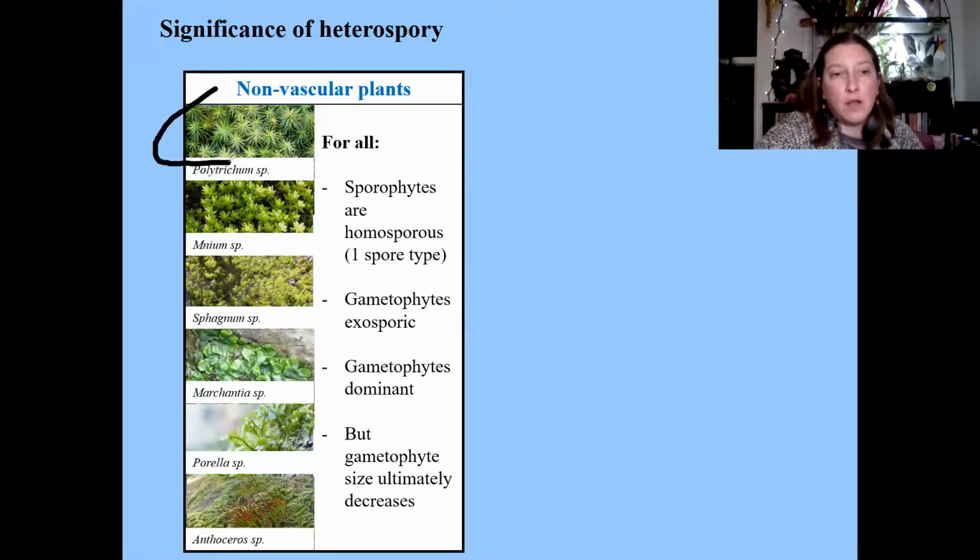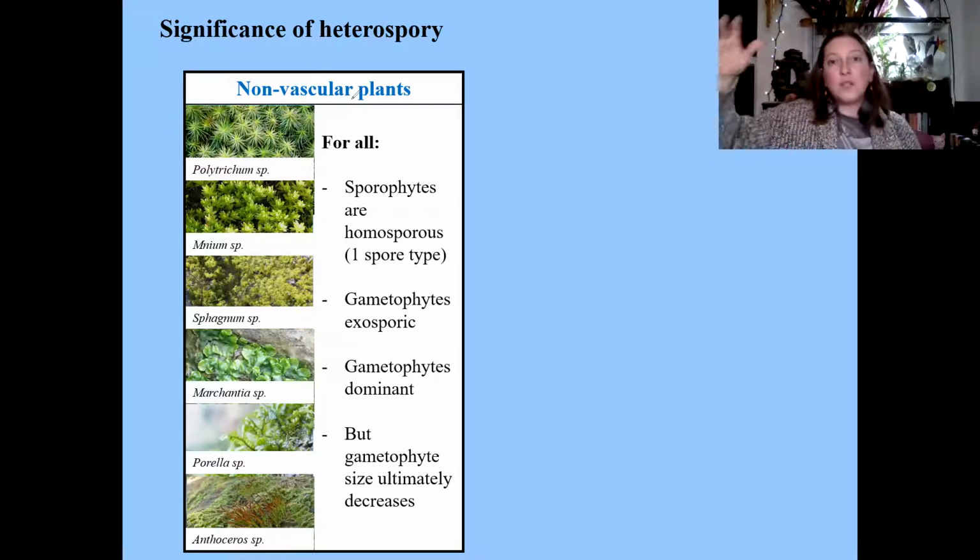If you think about the moss, true moss, even sphagnum moss, all the mosses, right? You're walking through the forest, you see the green fluffy, that's like a big green fluffy thing. By the time you get to the liverworts, now we're talking about like this little flat green thallus.